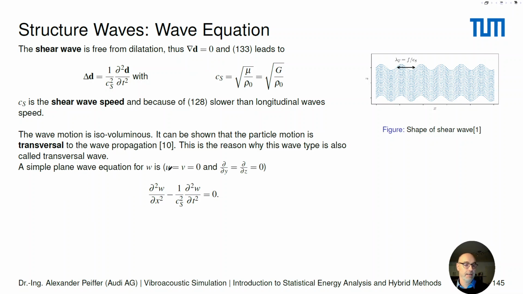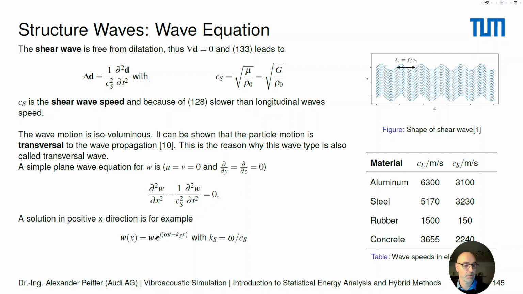When we again say that the displacement in u and v is supposed to be 0, and the change in y and z is supposed to be 0, and we consider the condition above that it's dilatation free, we can simplify this to a one-dimensional wave equation, which relates the displacement in z direction, w, to x. The solution of this would again be the harmonic solution. So now we have the shear wave number with this quantity, and again showing the same table as before.